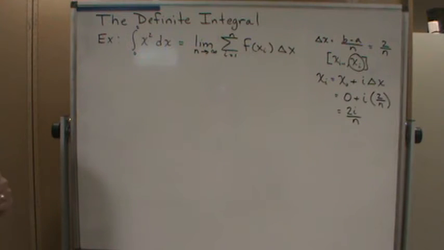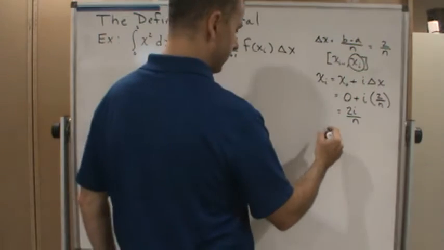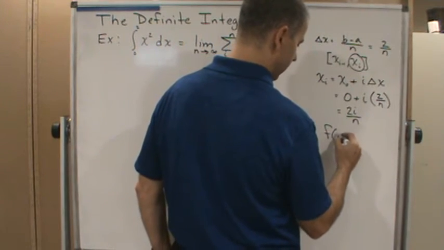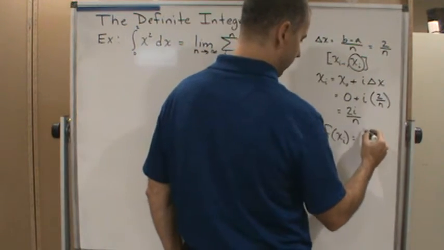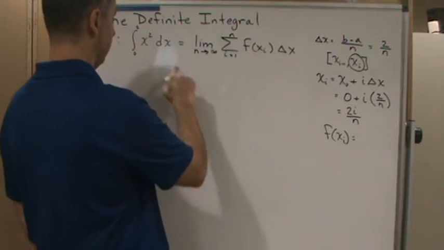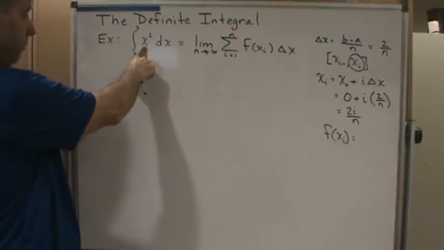Okay, so now those are going to be the values of our right endpoints that we're going to use, based on what n is. Okay? So the function value at the right endpoint is going to be given by what? Well, let's find f of x. So f of x sub i is going to be given by this function, x squared.